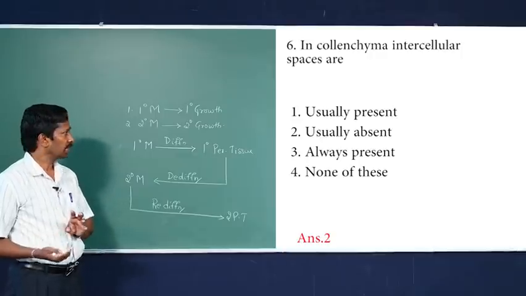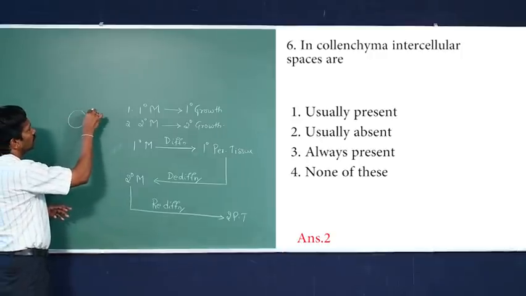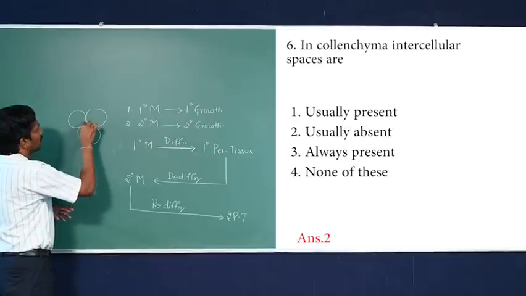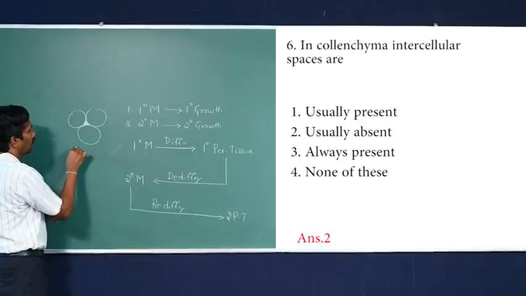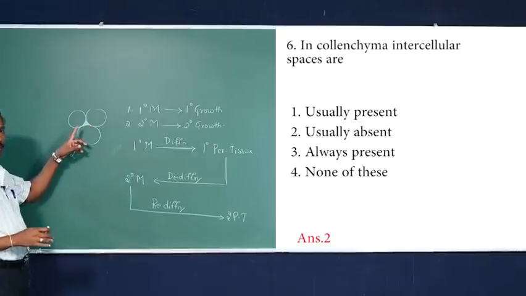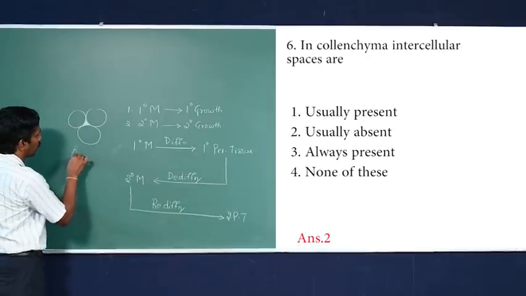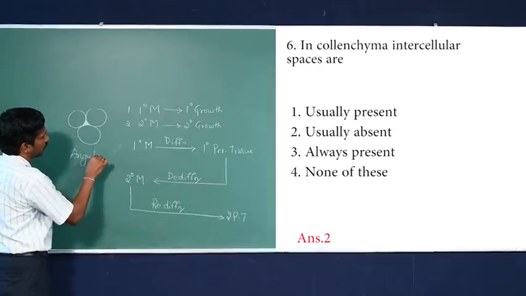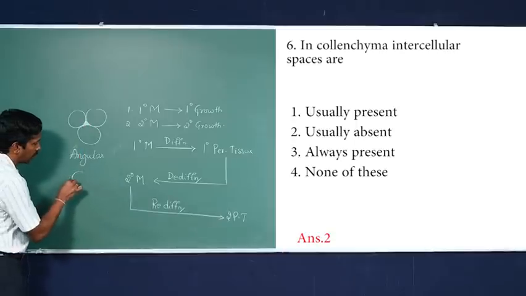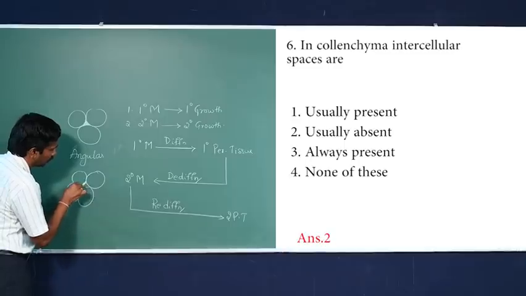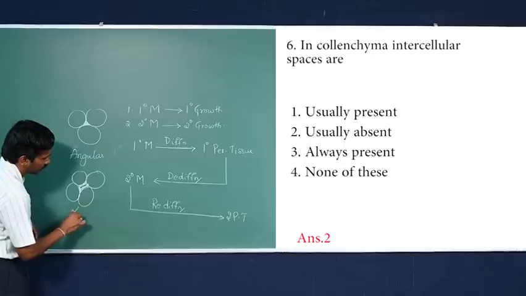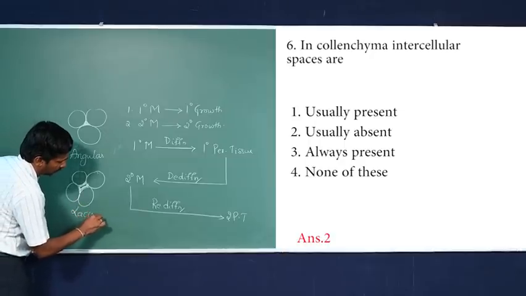In collenchyma cells, unequal thickenings are present. Because of that, intercellular spaces are generally absent, and one of the types of collenchyma is angular collenchyma, where the angles are completely deposited. Collenchyma having small intercellular spaces, where thickenings are present in walls facing the intercellular spaces, is called lacunar collenchyma.